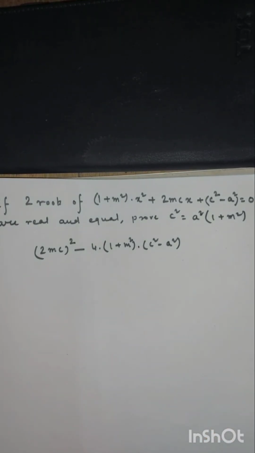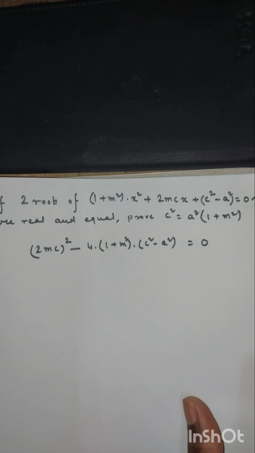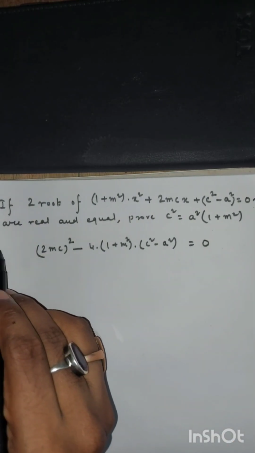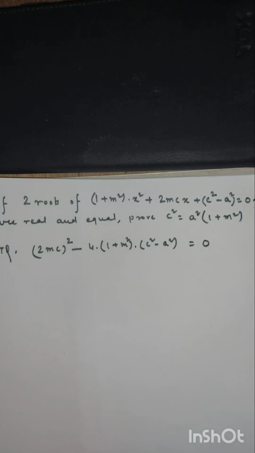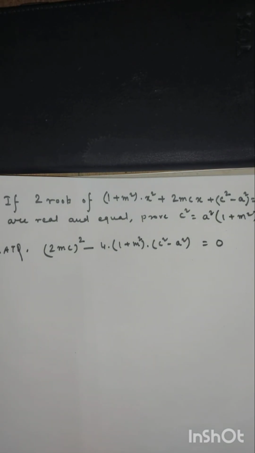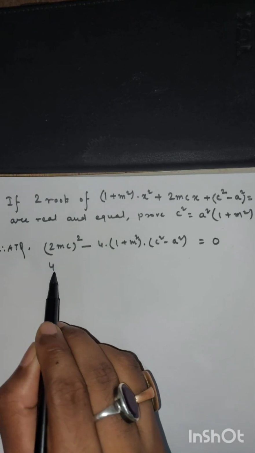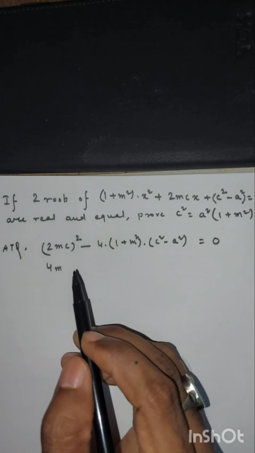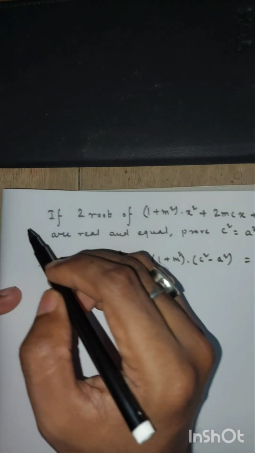This is our discriminant, and if the two roots of this equation are real and equal, then this part should be equal to 0. So according to our question, this part should be equal to 0. This is application 34.